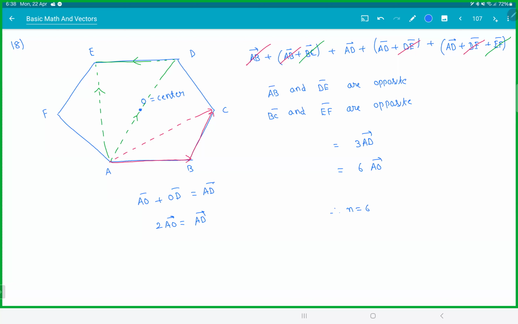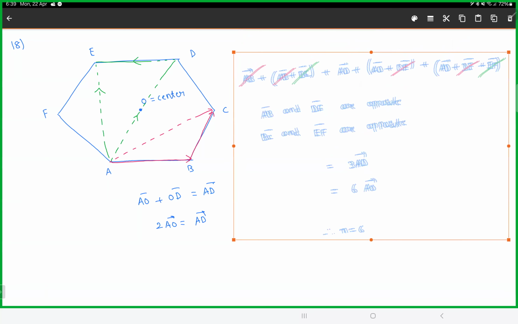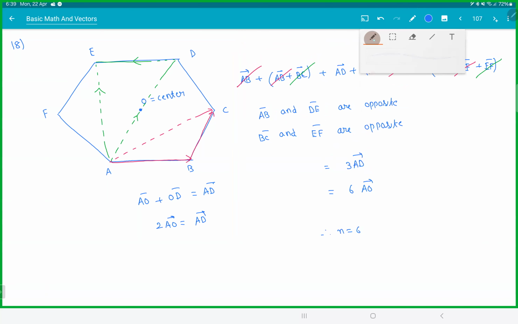Again, what did I do? This is AB bar, so I left AB bar as it is. This is AC bar. I wrote AC bar as AB plus BC. AD, I wrote it as AD only. Then AE, I wrote it as going from A to D and D to E. Triangle law, you can apply from anywhere to anywhere.